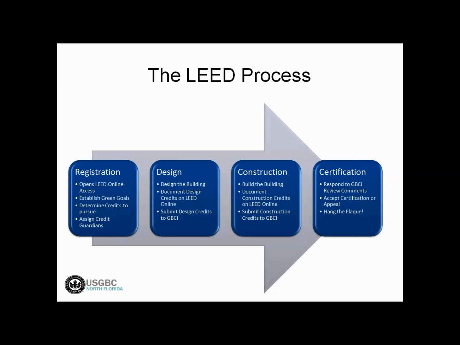Commissioning will get done, and at the end of construction, when everybody's all done with all that documentation, they upload it for the same process I just described, but for the construction phase. Preliminary construction phase review, 4 weeks, they review it, make comments, provide us this additional information, you respond, they review it again and give you your final construction phase approval. We've approved this many credits, denied these couple, you can appeal.